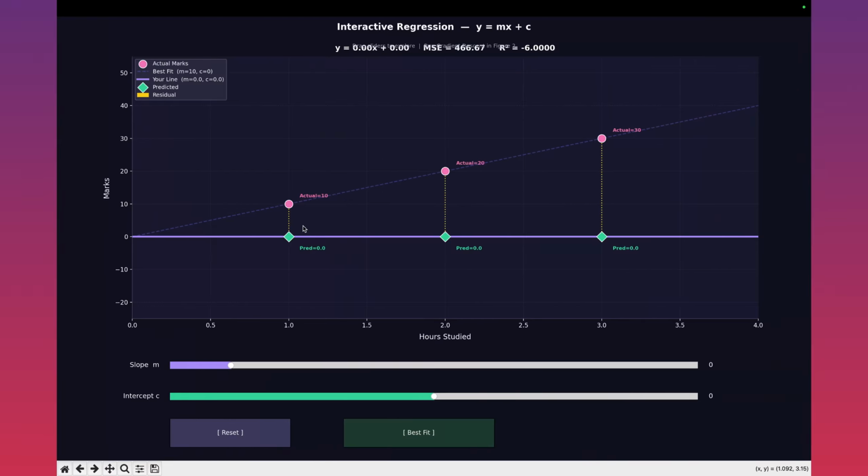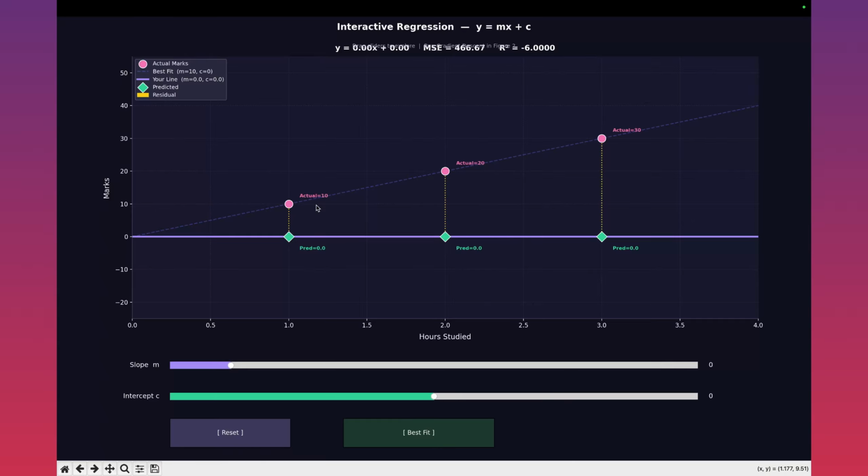On the x-axis I have taken the hours studied, and on the y-axis I have taken the marks, and I have plotted these data points. For 1 hour of study, marks is 10, for 2 hours of study, marks is 20, and for 3 hours the marks is 30.